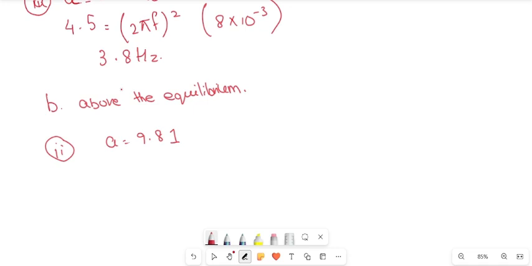So at that point acceleration is 9.81, and then again we'll have 2 pi f, squared, times x naught. Again we'll apply the same formula, and then you'll have the amplitude as 17 millimeter.